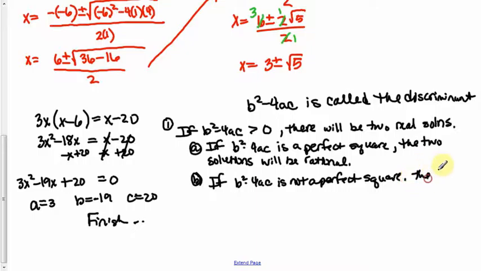The two solutions will be irrational. Now remember, a rational number is a number that can be written as a fraction. An irrational number is a non-repeating, non-terminating decimal.